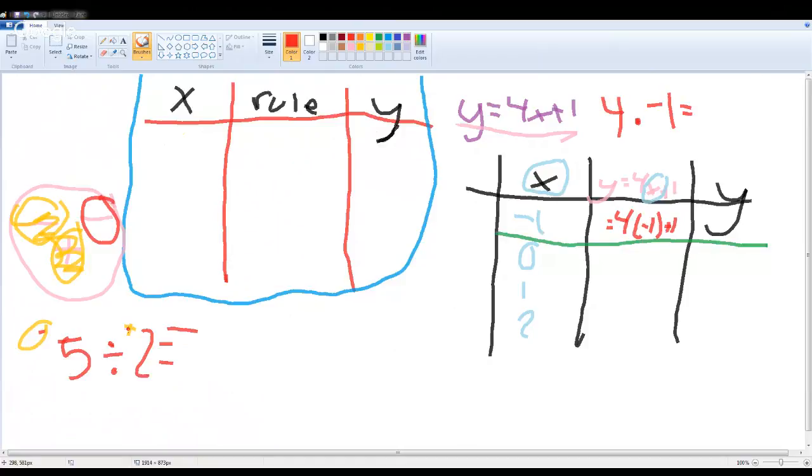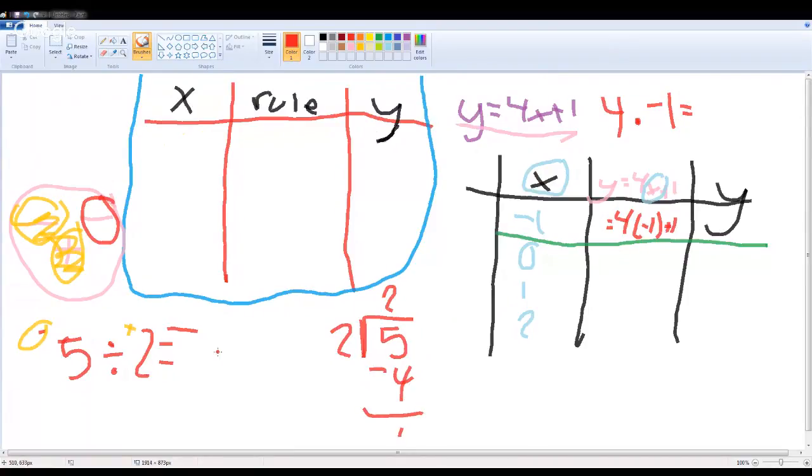Then divide like normal, and you get a decimal. 5 divided by 2, 2 goes here, that would be 2, here 4, 1.